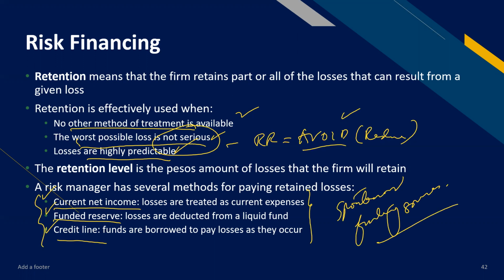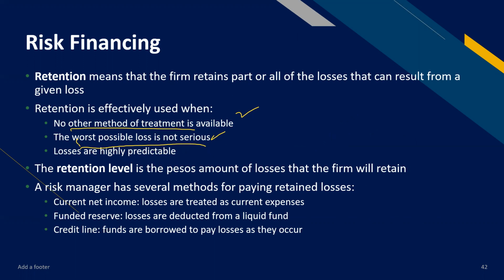Kasi pag nangyari yung risk, hindi ka naman makakautang agad, right, to finance that risk, or makakakuha ng private placement to finance that risk. Dapat maitawid mo muna yung crisis before you can rebuild, right? And so therefore, you need to have the funding to cover for it. Okay.